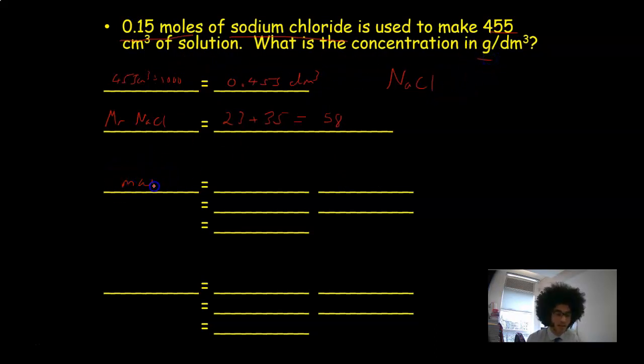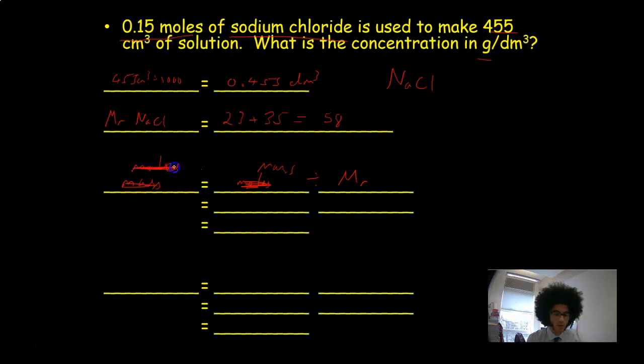Now if you remember this from previous learning, moles equals mass divided by MR. That's the initial equation. But we don't want to work out moles, we want to work out mass.